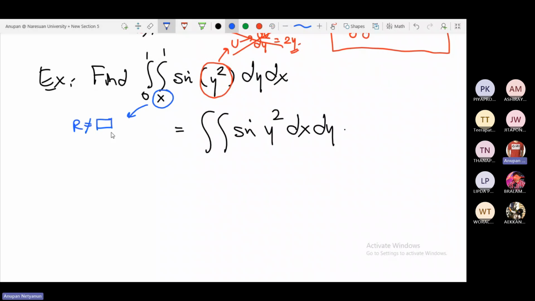So you cannot switch the running numbers, right? From the inside to become outside, outside to become inside. It doesn't work that way because your region is not a rectangle. Okay. Now, our task is going to be, we need to find the running numbers to put in here after we switch the order.